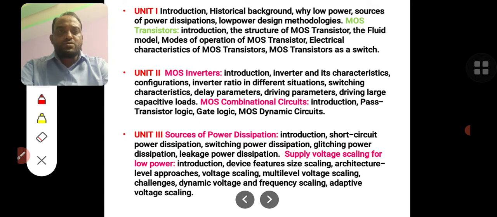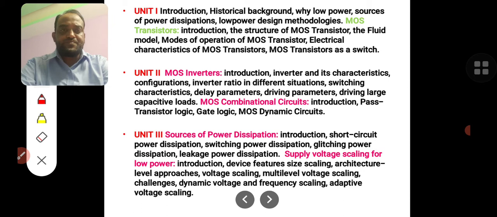Coming to unit 2, it is MOS inverters, the different switching activities are discussed in this chapter 2, its characteristics, inverter characteristics, and its driving parameters, all that you have studied in VLSI design.